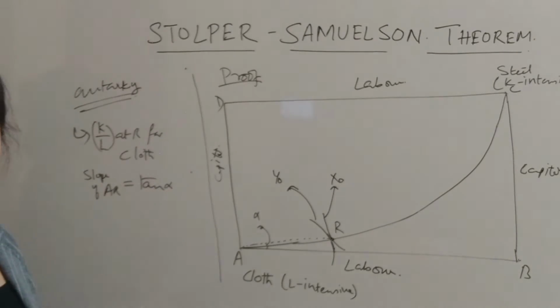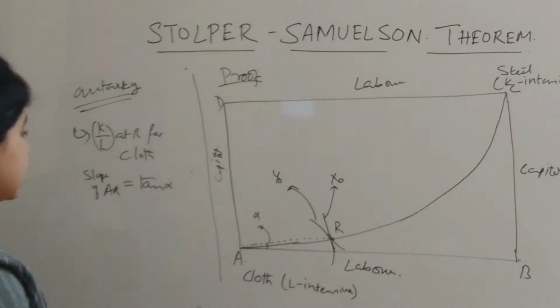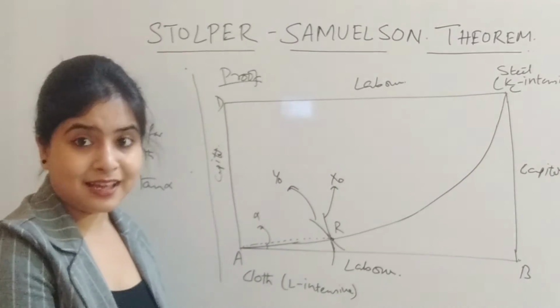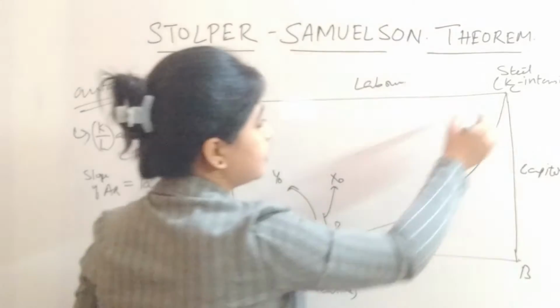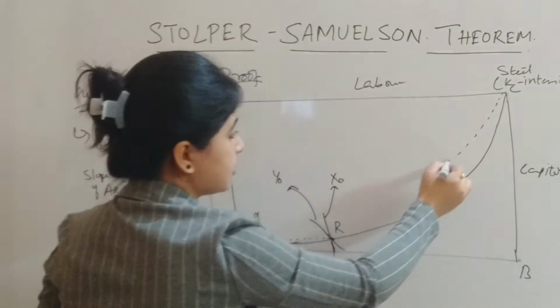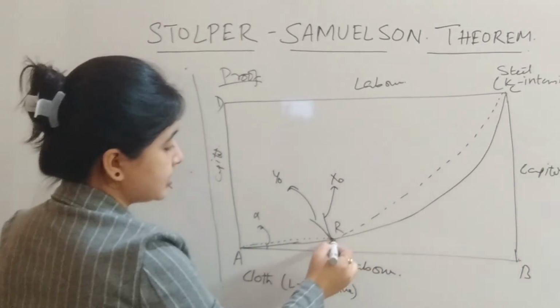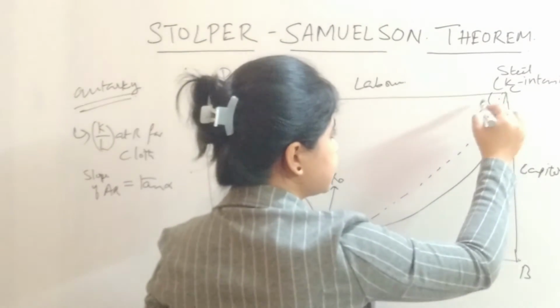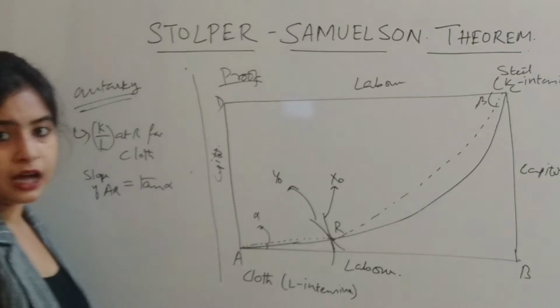Similarly, the capital labor ratio for steel at R will be coming from this ray, that is RC. Let us take this angle as beta.